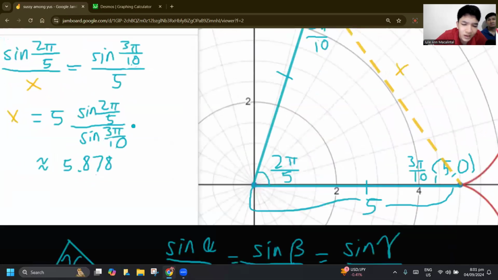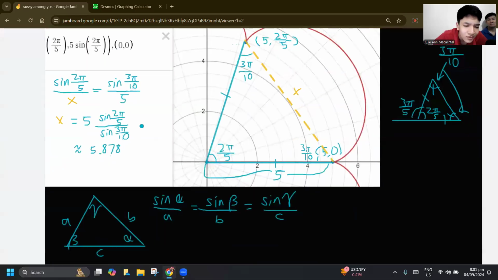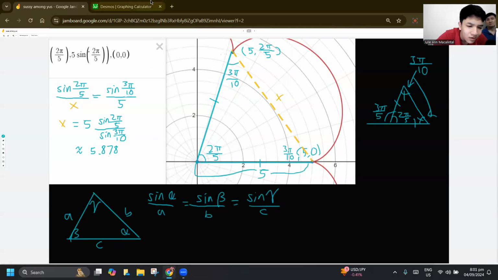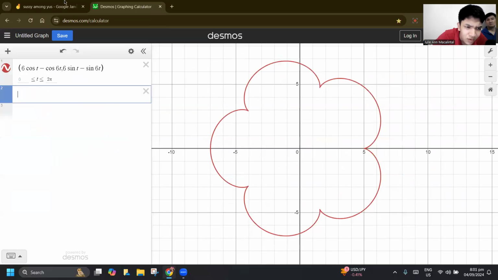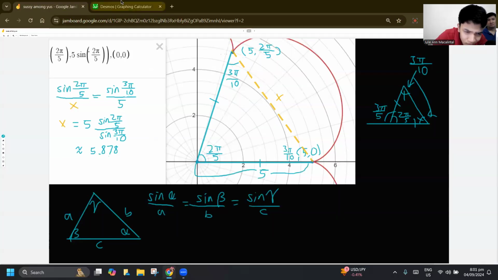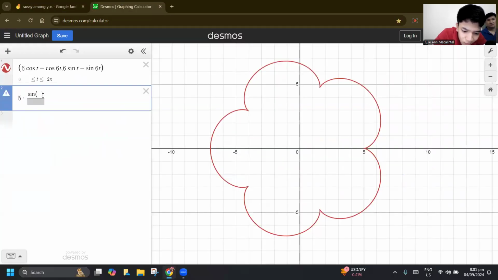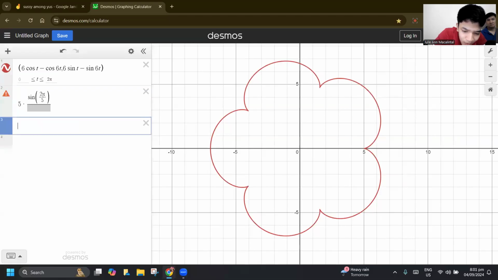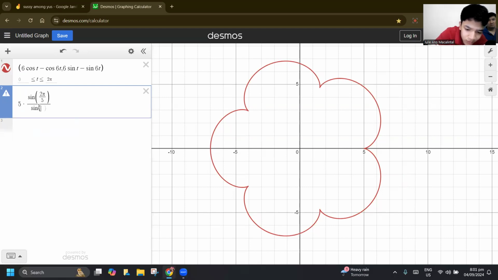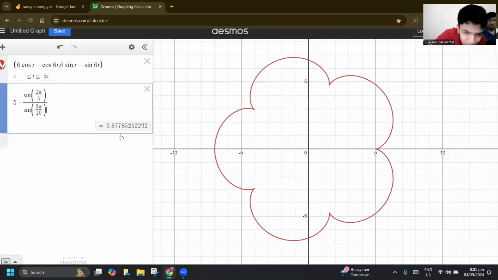Sadly, I don't think there's a simplification for this. For confirmation: 5 times sine 2 pi over 5 over sine 3 pi over 10, so about 5.8.